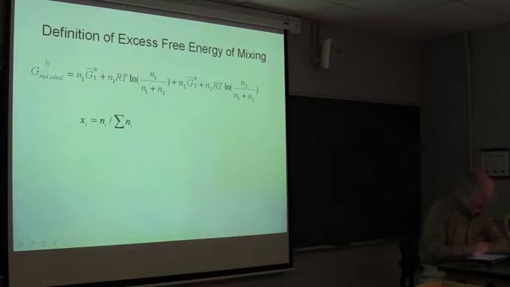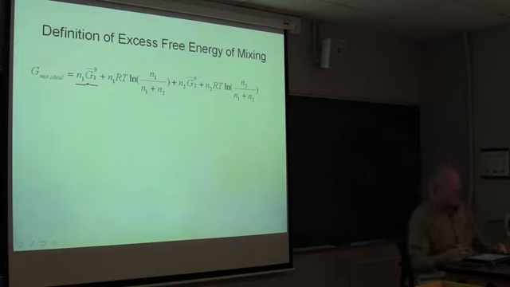The free energy of the total mixture depends upon the number of moles of species 1 and the standard free energy of species 1, plus the number of moles of species 2 times the free energy of formation of that species, plus these two terms, which represent the entropy brought into the mixture.